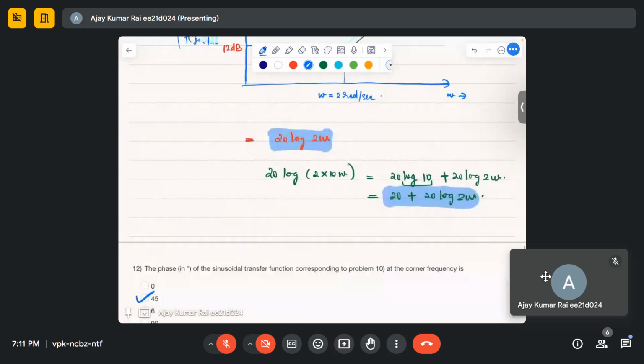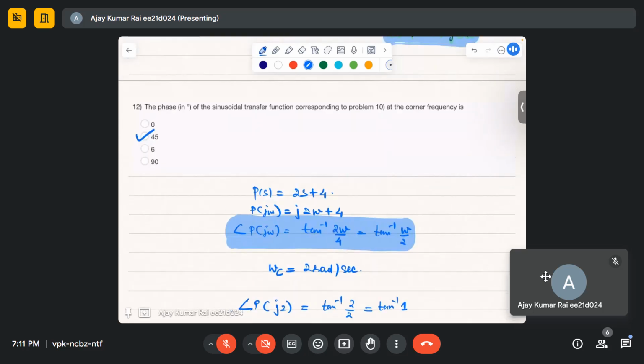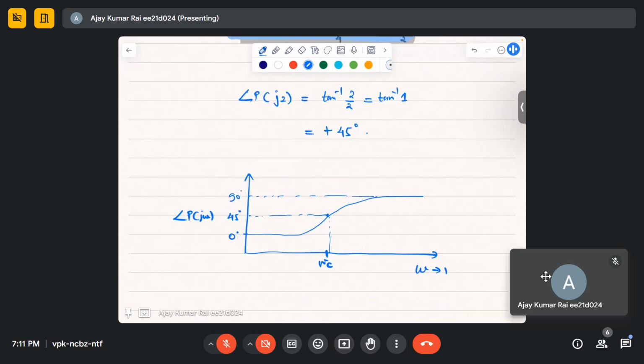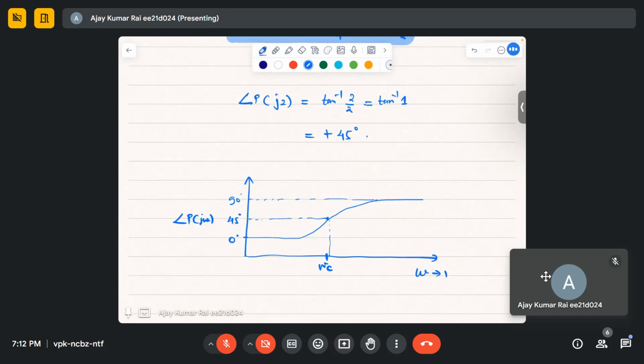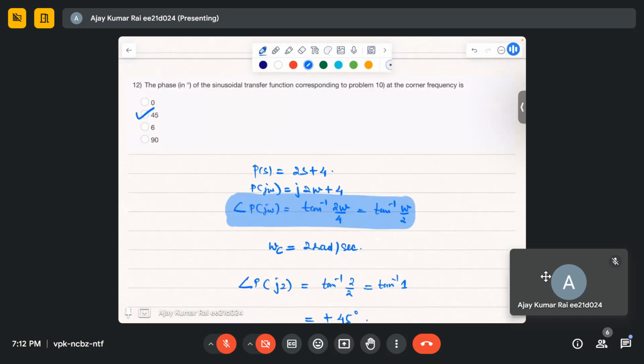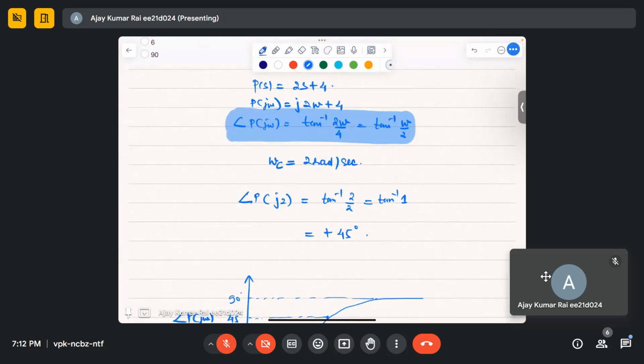That was a pole case, and this is a zero case, in the sense of 2s plus 4. If you consider a transfer function which consists of zeros and poles, this does not have any pole, so this is the effect of a zero. So the answer is plus 45 degree. I hope there is no doubt in this question.